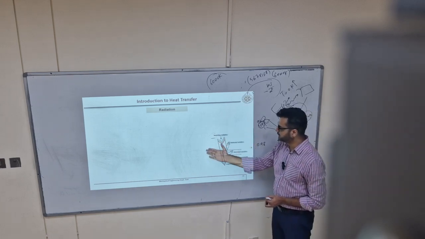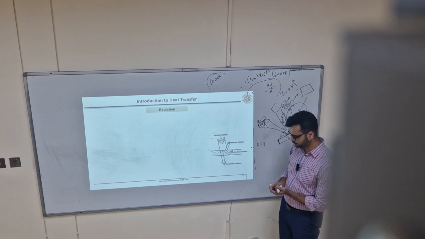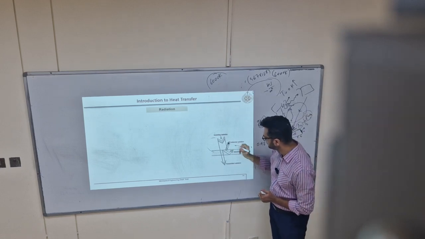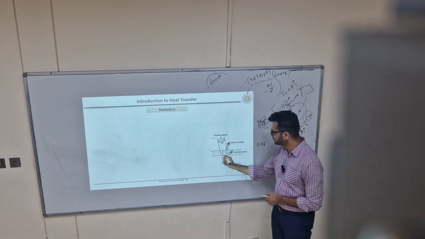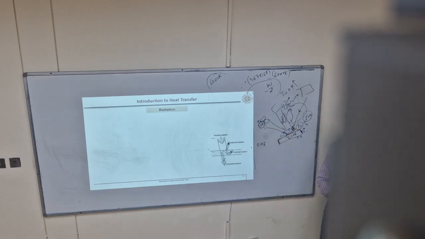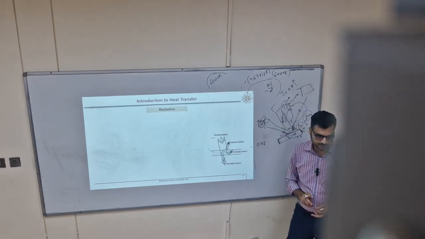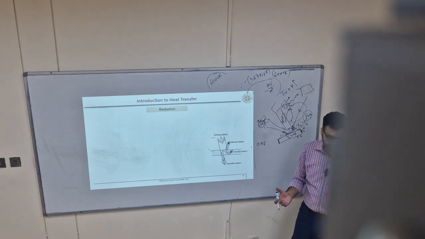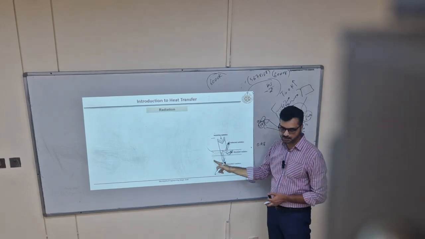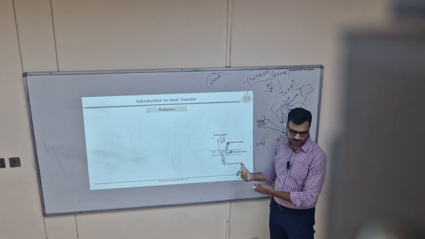So this is explained here again. Whatever radiation is falling on a surface, a part of it will be reflected, a part of it will be absorbed, and a part of it will be transmitted. That absorbed part, what will it do? It will increase the temperature because it is becoming internal energy of that body.